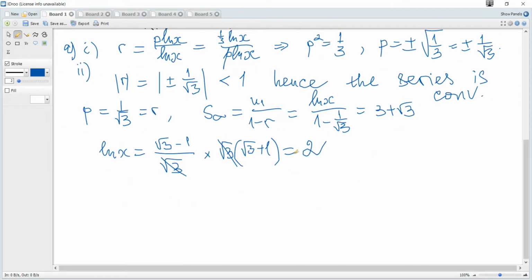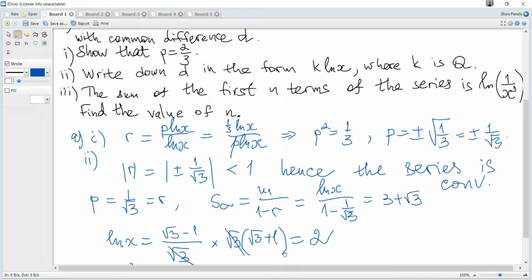We need to undo this log, for example log base 2 of 8 is 3, because 2 cubed is 8, and ln is log to the base e, hence it becomes e squared is x. So it's the required value of x.